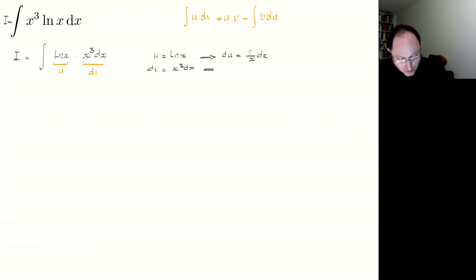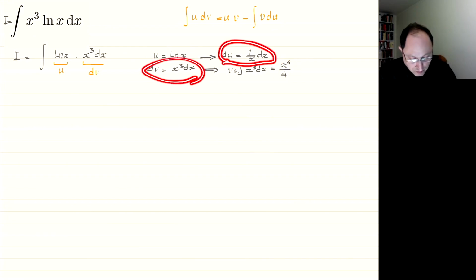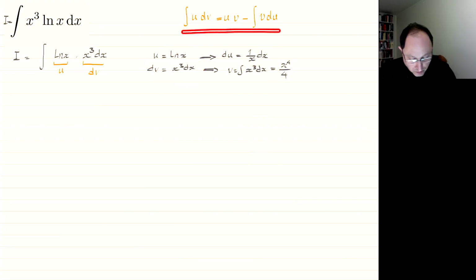And in order to find v, I have to integrate x cubed dx, which becomes x to the 4 over 4, plus any constant, but I need only one of them, so I can choose c to be 0. Okay, so now everything I need I have. I know my u, my v, my du, and my dv, so everything is ready. So I plug them in here.